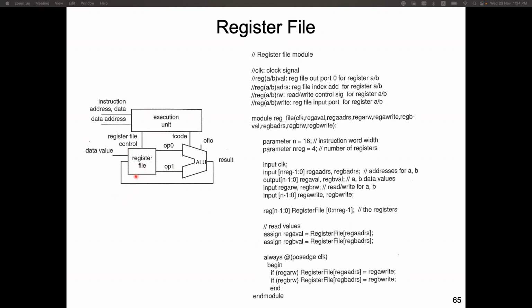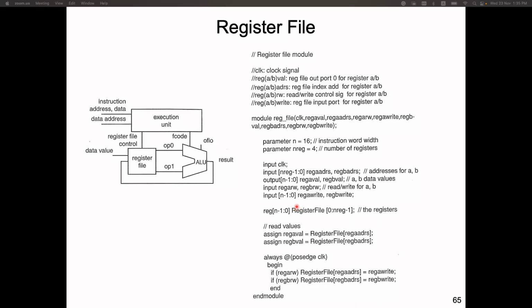It contains 4 registers, and 2 of the 4 registers can be read and written simultaneously. The register addresses and read/write are controlled through the input ports here, including register A read/write and register B read/write.